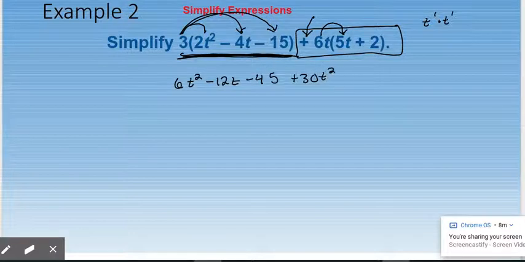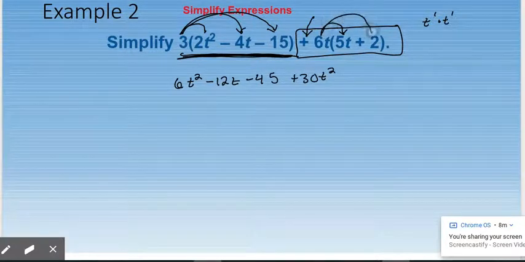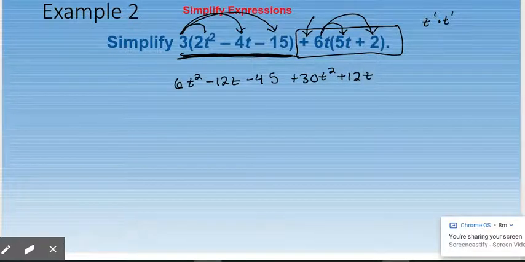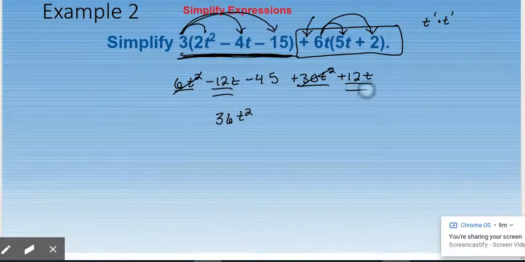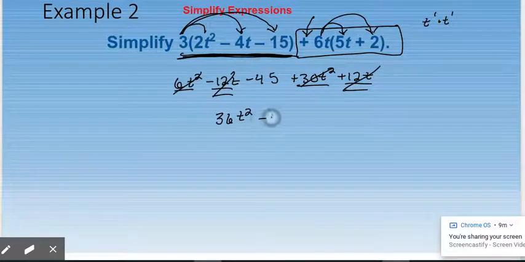That becomes t squared. 6t times 2 is positive 12t. And then we add up our like terms. 6t squared plus 30t squared is 36t squared. Negative 12t plus 12t, those add up to 0, so they are just gone. And then drop it like it's hot.